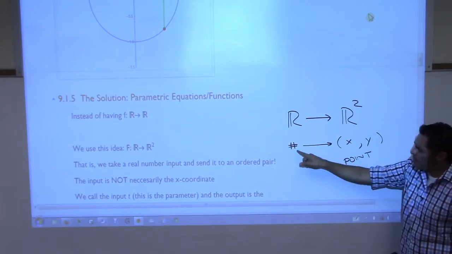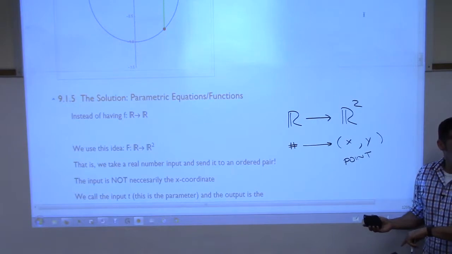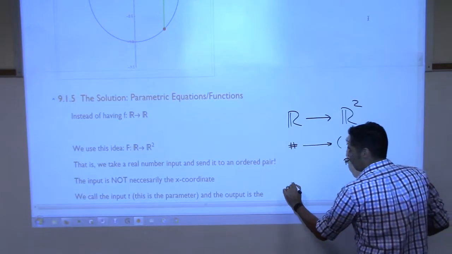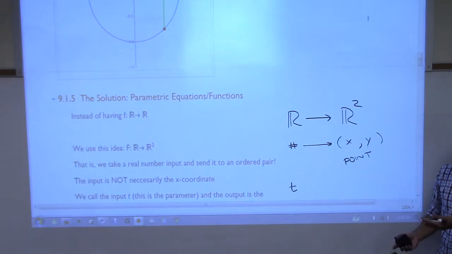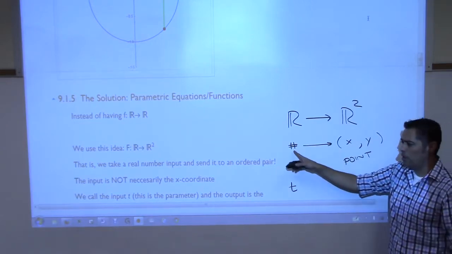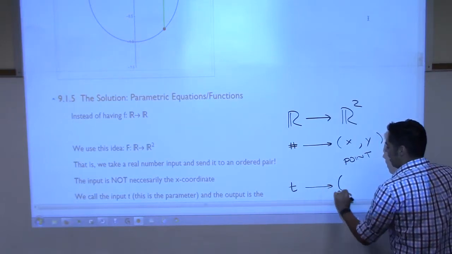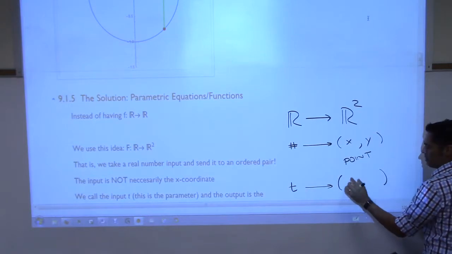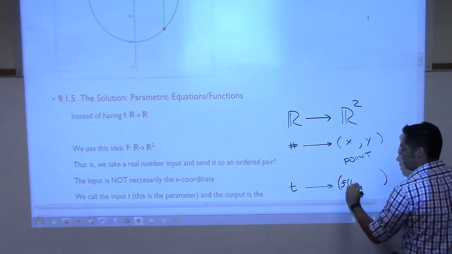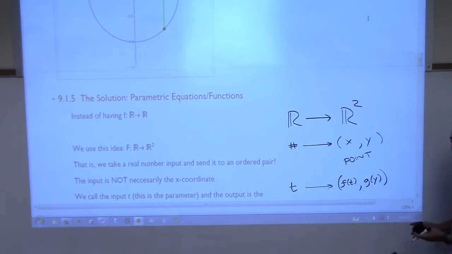So this number that we plug in, we don't want to call it x, we don't want to call it y, so we call it t. We could have called it anything, but generally speaking for parametric curves, we call this input variable t. And then what it spits out is this point. The first coordinate is going to be some function of t, and then the y coordinate will be some other function of t.